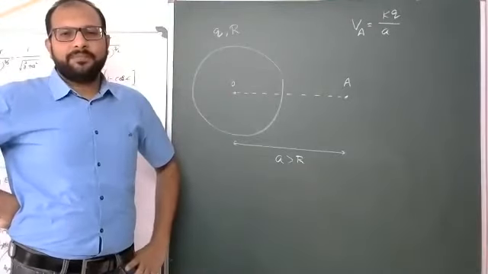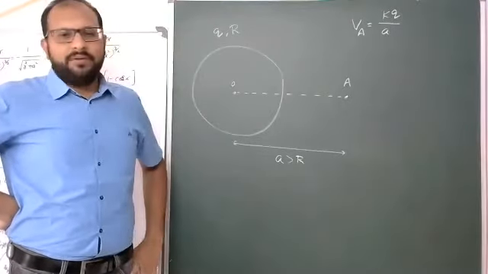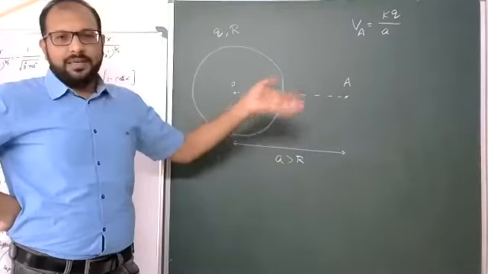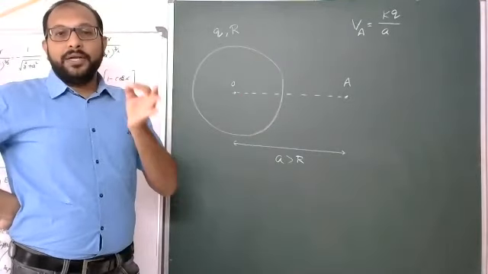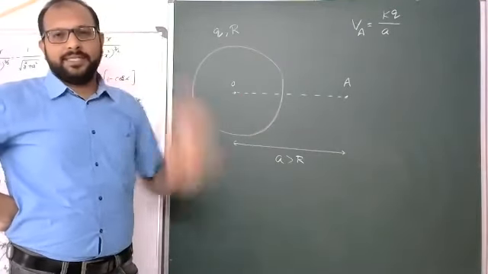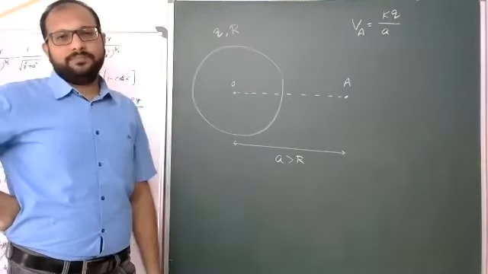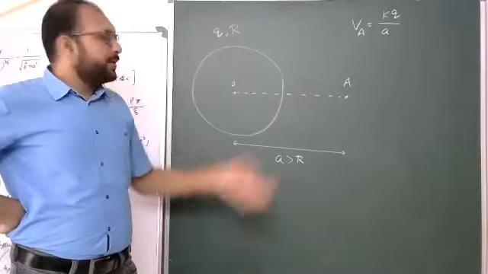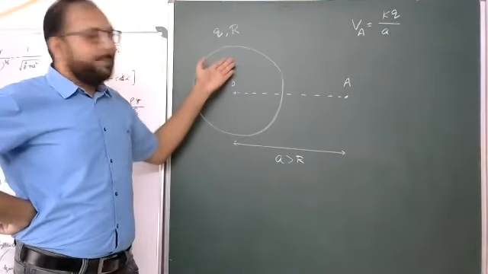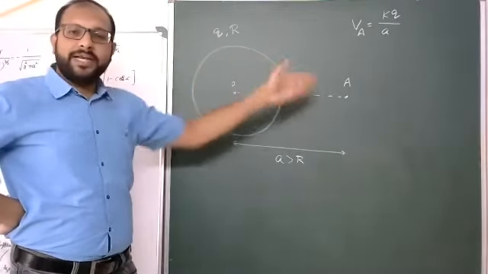Just now, at the start of the class, we completed potential due to a point charge. The potential due to this complete sphere outside and due to a point charge are both the same.